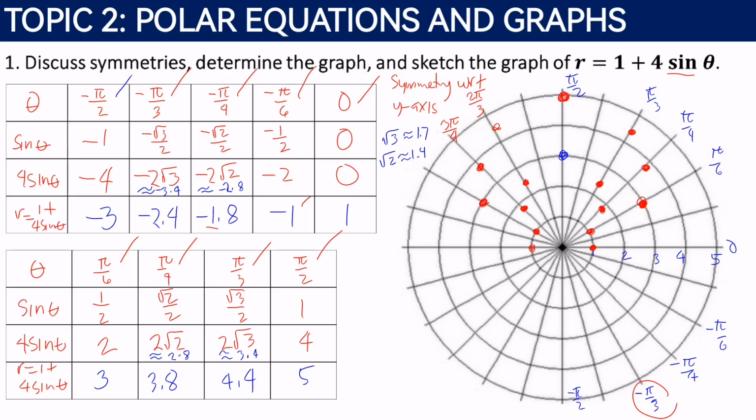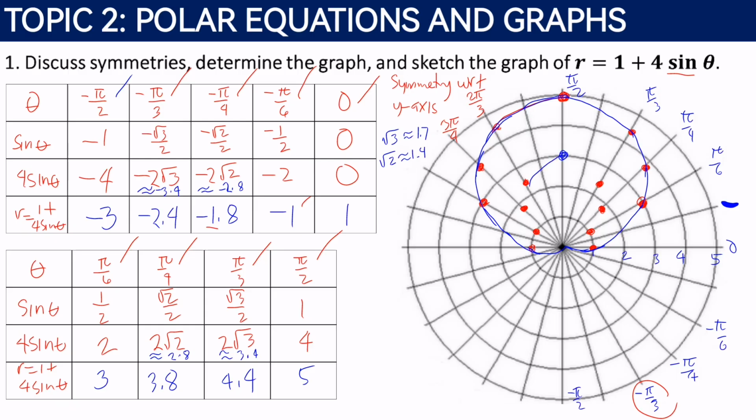Okay, so let's join our points. Take note, this is a Limacon with an inner loop. Let's have blue. Limacon with an inner loop. So we have this. If we solve for more points, then we'll have a better view of the graph.